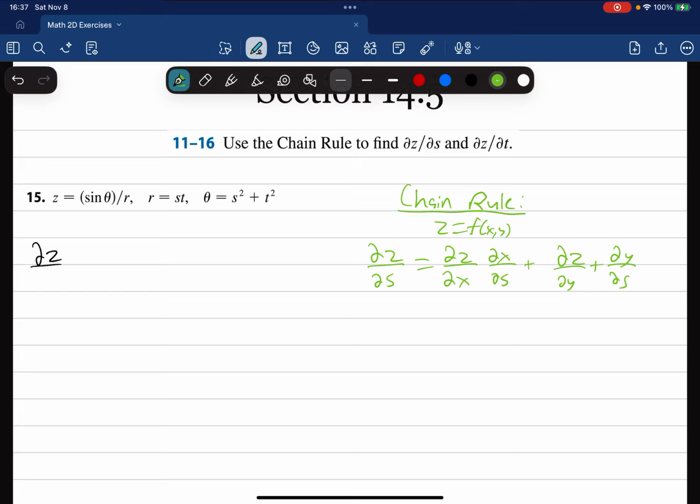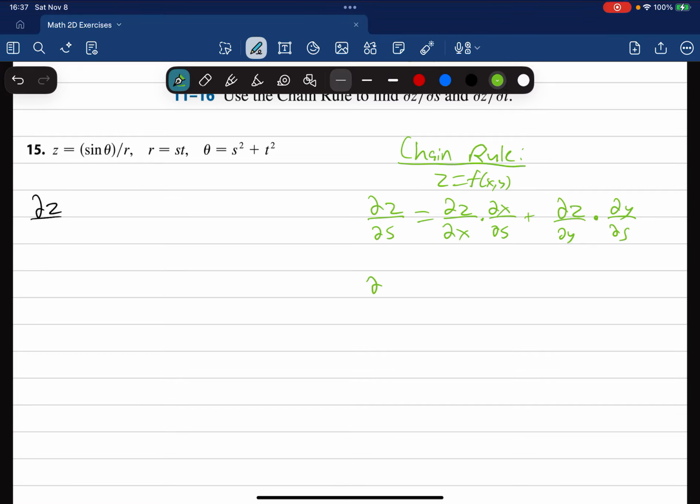Oh, that's not a plus. That's supposed to be a times. And it's the same story when you want to calculate the derivative with respect to t. Partial z with respect to x, partial x with respect to t, plus partial z with respect to y, partial y with respect to t.